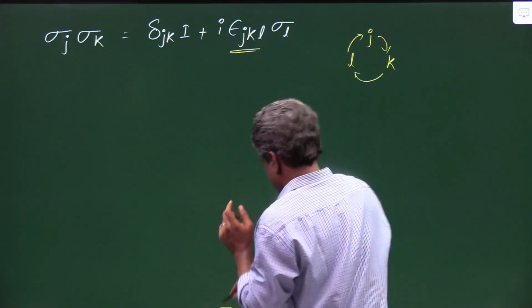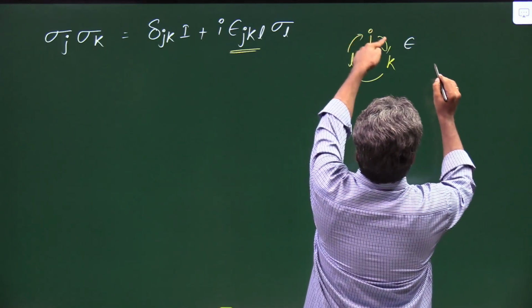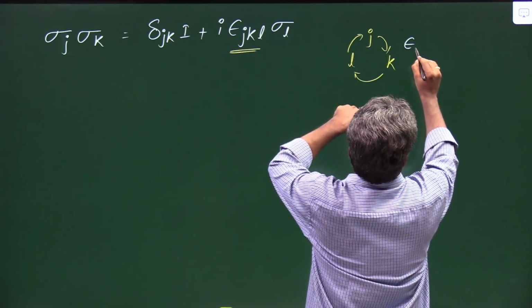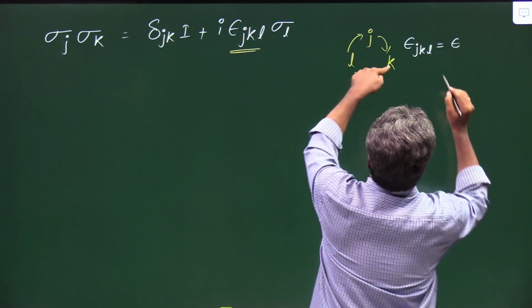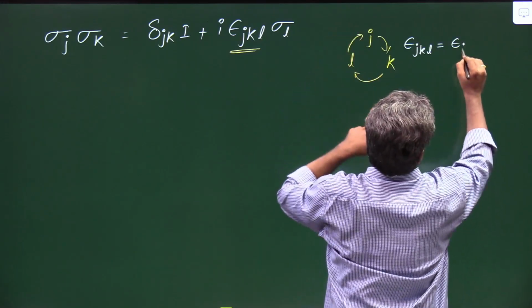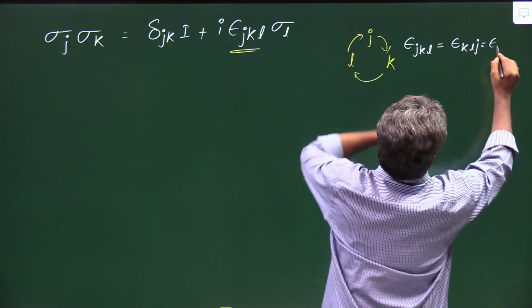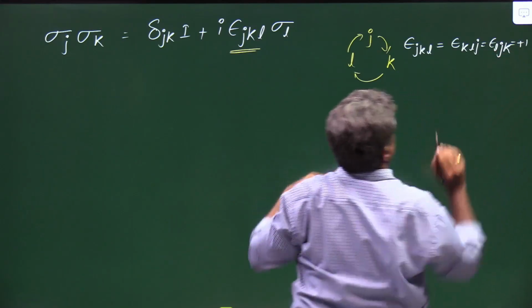I repeat, all these values are plus 1. Epsilon go in a cyclic order like this. So cyclic permutations epsilon jkl, next epsilon klj, next epsilon ljk. All these are plus 1.